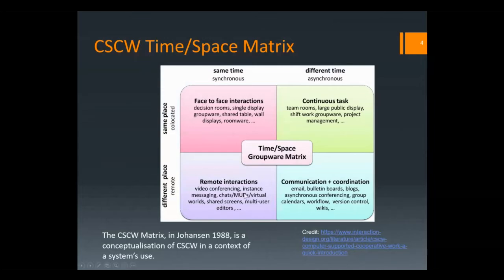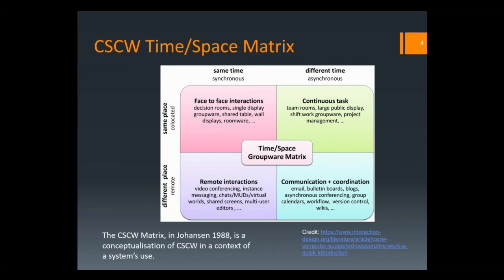Or you can look at another dimension, on the bottom left: remote interactions. A lot of our field fits into this space. That one is the same time, synchronous, but in different locations. In this case, video conferencing and things like that we're doing now with Zoom and with Collaborate here.